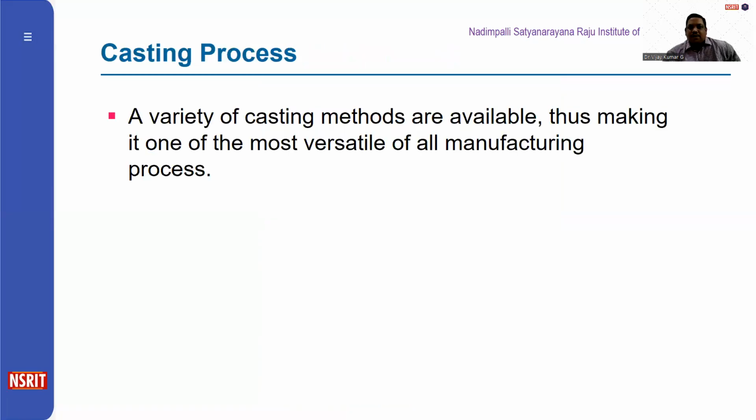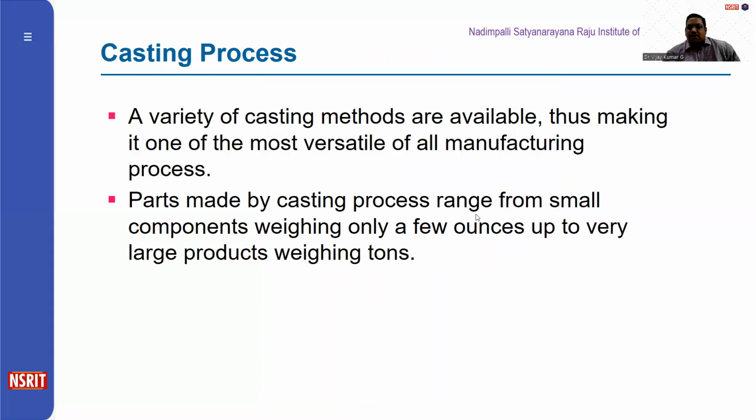Coming to casting, a variety of casting methods are available, which makes it one of the most versatile manufacturing processes of all. The parts made by the casting process range from very small components to very large components.